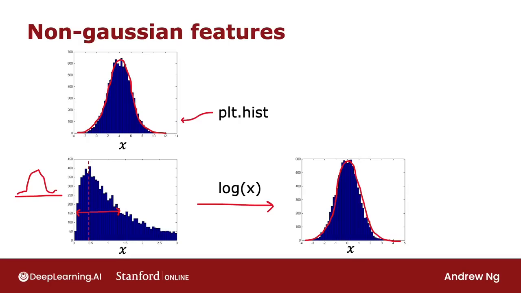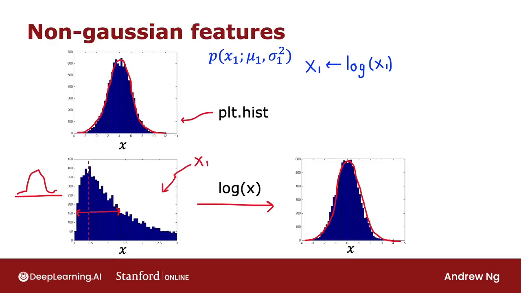And so if this feature was feature X1, then instead of using the original feature X1, which looks like this on the left, you might instead replace that feature with log of X1 to get this distribution over here. Because when X1 is made more Gaussian, when anomaly detection models P of X1 using a Gaussian distribution like that, it is more likely to be a good fit to the data.